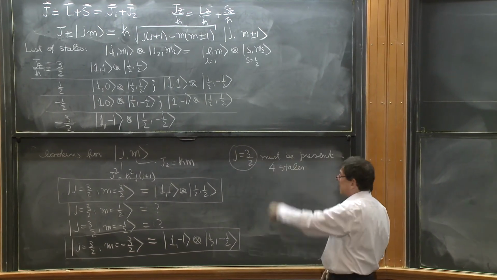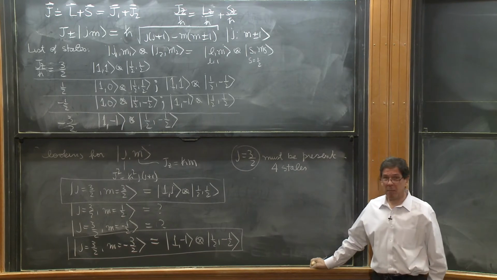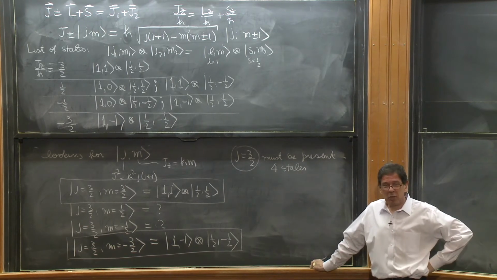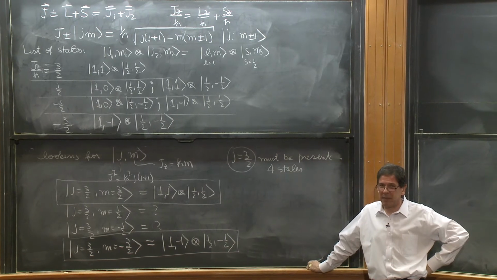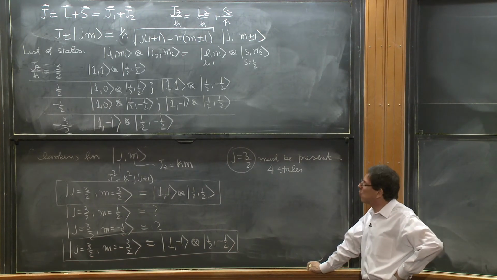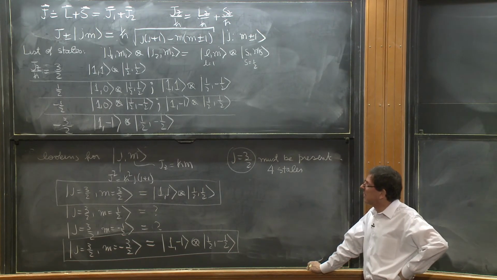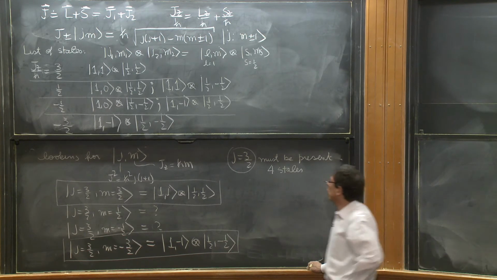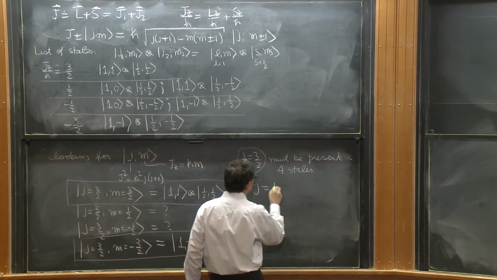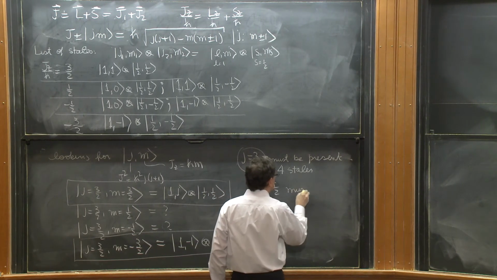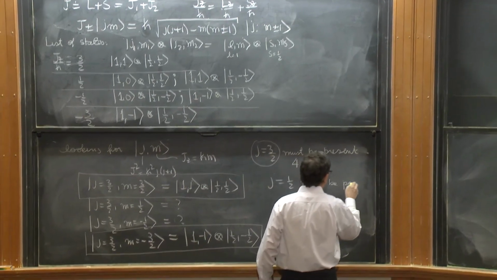So we have four states here with j equal to 3/2 present. But there were 6 states, and we are not going to change the dimension of the vector space. We're just trying to find another basis. So 6 vectors to begin, we must have 6 states. So we must have 2 more states. What multiplet would have 2 states is a j equal to 1/2 multiplet, which must be present.